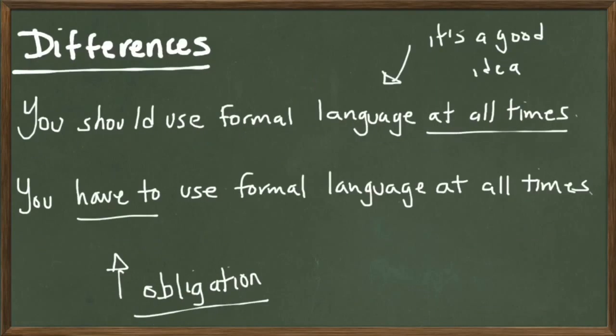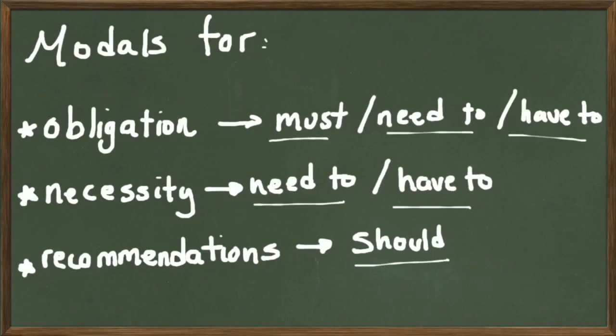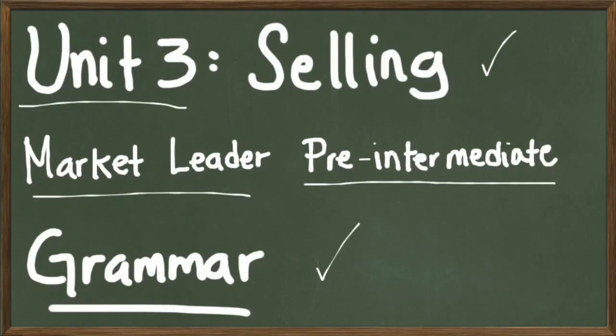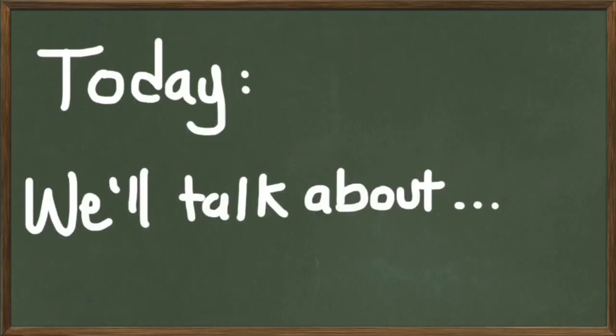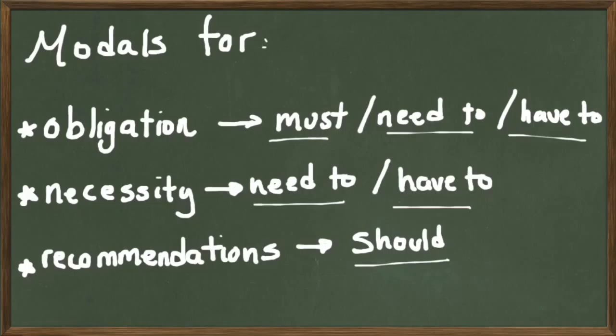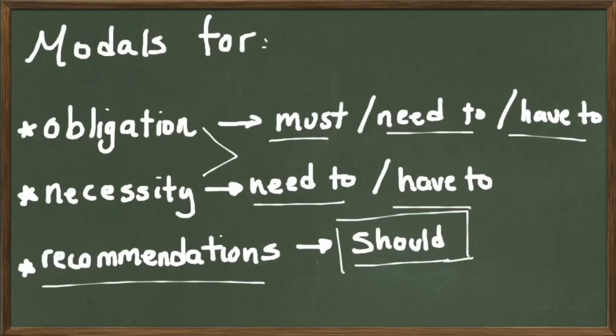Before saying thank you, let's go back to what we are doing today. Don't forget, the unit is called Selling for you, pre-intermediate student, and we covered the grammar of the day. We talked about three things: obligation, necessity, and recommendations. Obligation and necessity being very similar, and a recommendation meaning it's a good idea. Don't forget that only for recommendations we're going to use the modal auxiliary should.